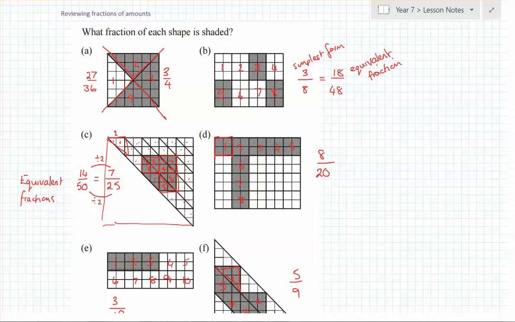For instance, I have here a cake. If B was my cake, I could cut it into only 8 pieces. So there's 8. Or I could cut it into 16.